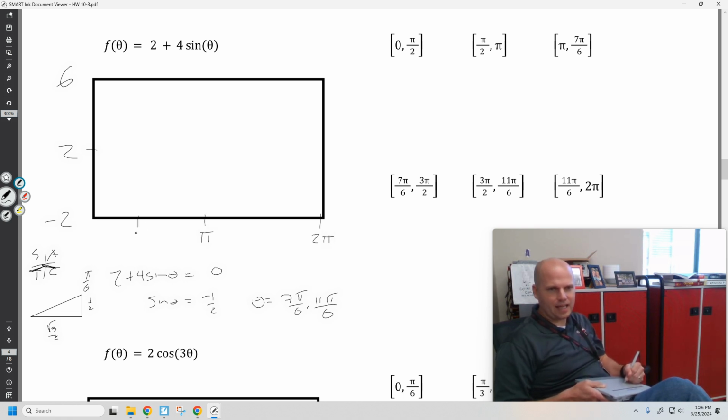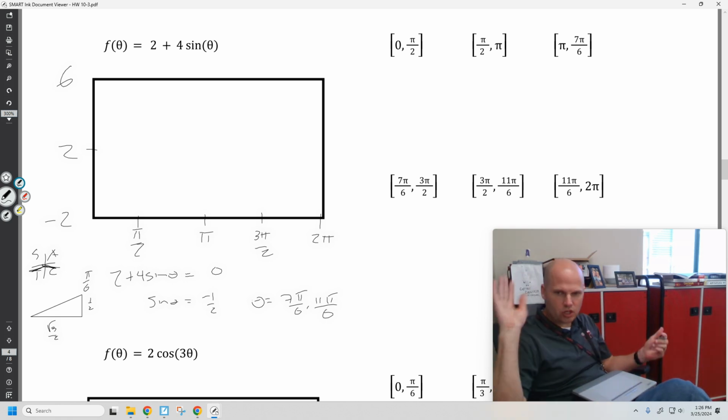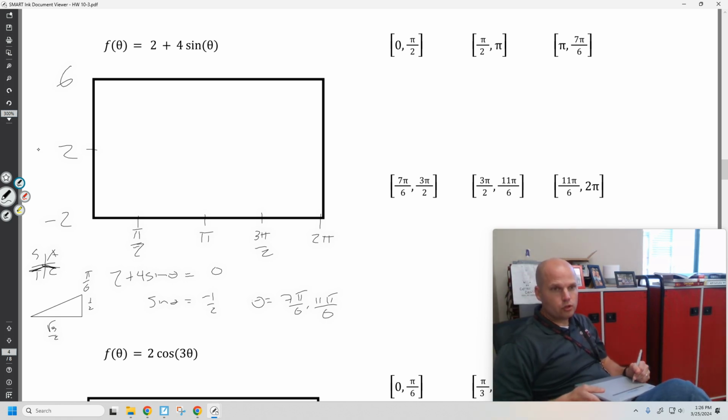We're not asked to sketch, but this is the idea of where inner loops come from, or repetitions or multiple loops showing up. So 0, pi over 2, pi, 3 pi over 2, 2 pi. But crossing through 0 will occur at 7 pi over 6, which is right after pi, and then 11 pi over 6.